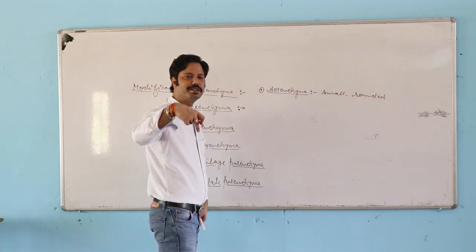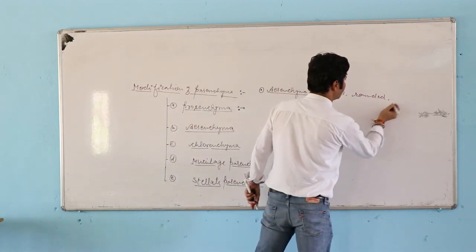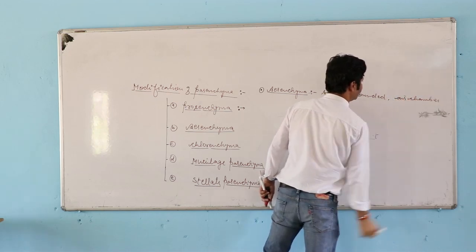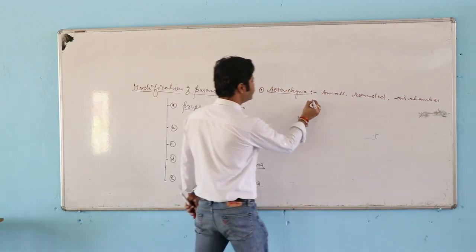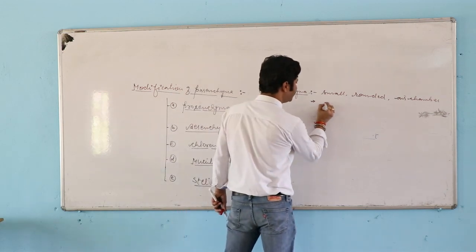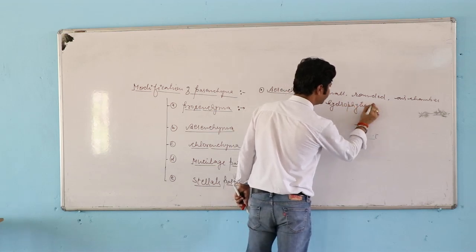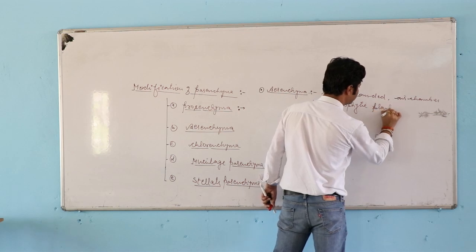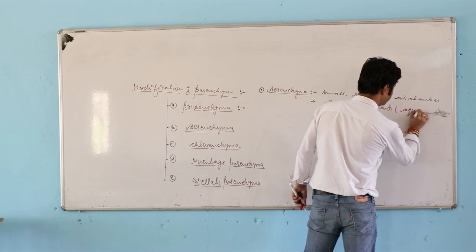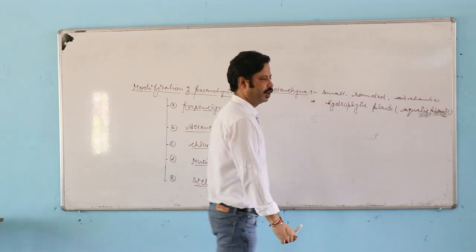Basically, it is present around the air cavity or air chamber. Aerenchyma is present in hydrophytes or aquatic plants. Hydrophytic plants means aquatic plants.